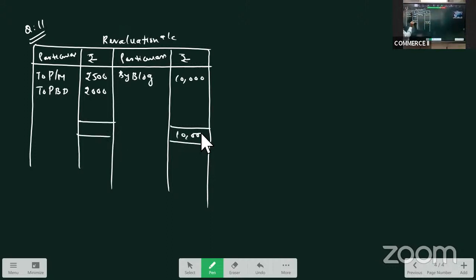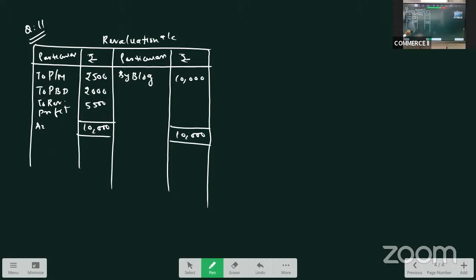10,000. 10,000. And our revaluation profit is 5,500. This revaluation profit is distributed among all partners A and B in the ratio 3:2. So how much will A get if I distribute in the ratio 3:2?